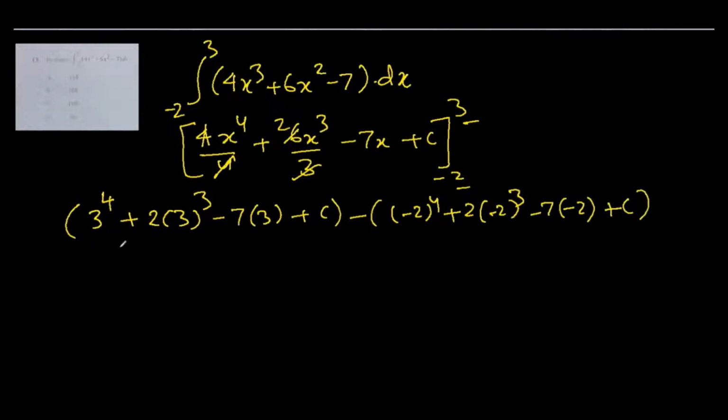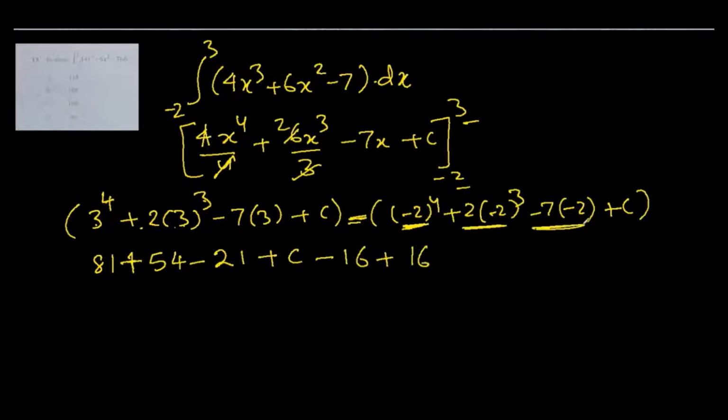Alright, let's open everything. 3 to the power 4 is 81, 3 cube is 27 times 2 will be 54, minus 21 plus C. And now this minus and this will be positive 16, and this minus will make it minus 16, but minus will make it positive 16.